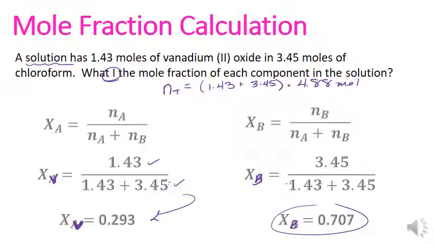Yes: 1 minus 0.293 is going to equal the mole fraction of the other component. The part that is B over the whole gives that number too. You can always do A and then subtract. There are no units on a mole fraction. That's the best part.